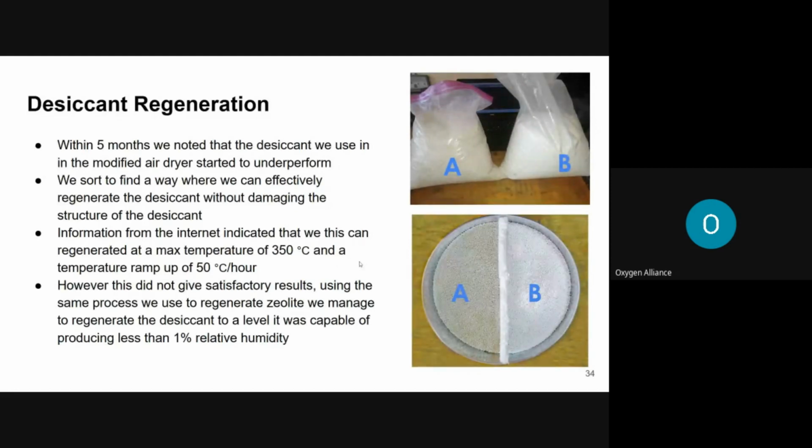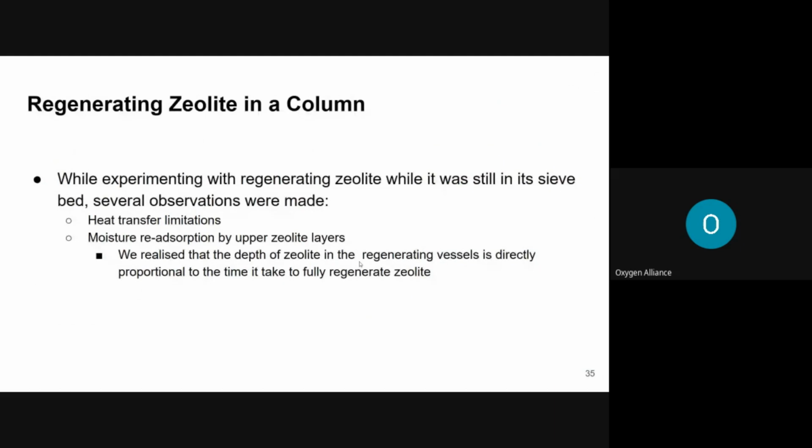Moving on. We also tried to regenerate zeolite in a column, as this was one of the methods that we came across when we were doing our research. So we did an experiment where we tried to regenerate zeolite while it's still in the sieve beds, just to have that column.